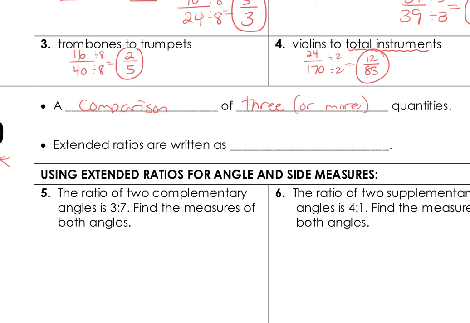Extended ratios are written as A to B to C. Now with an extended ratio, because there's 3, we are going to write it out in this format, right? Think about it. We would not say A over B over C. We couldn't write it as a fraction when you're dealing with an extended ratio.